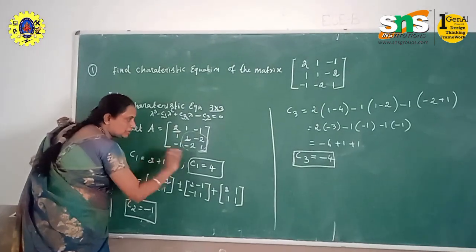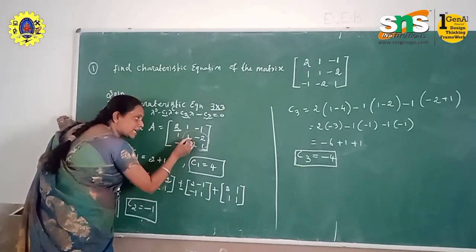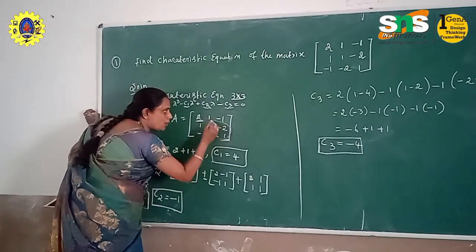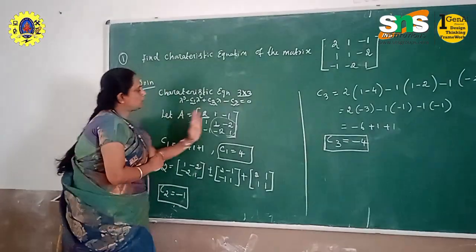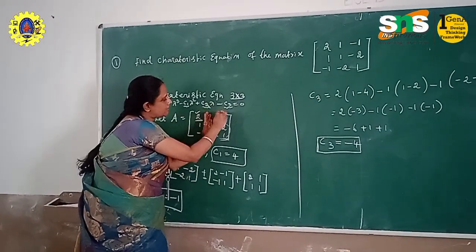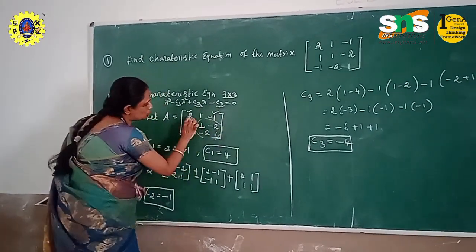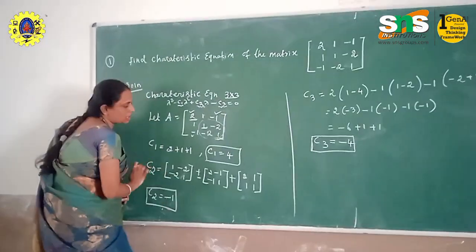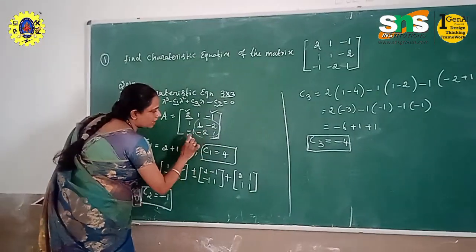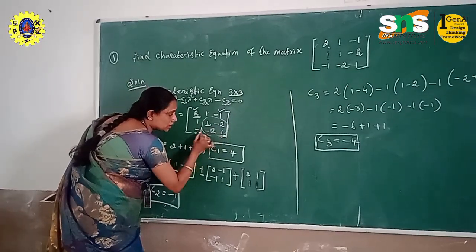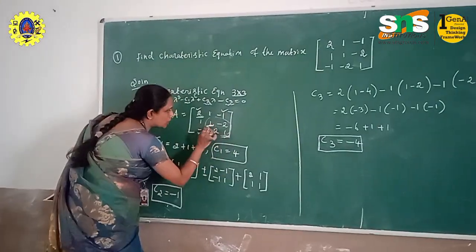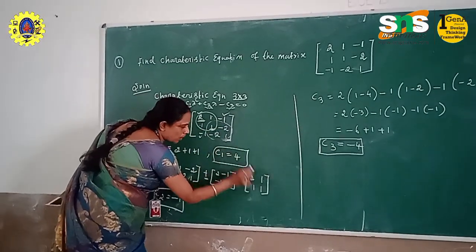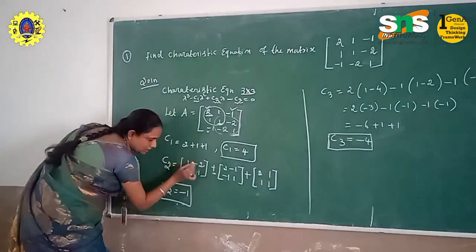Next we leave the second row and second column: 2 minus 1, minus 1 1, plus. Again we leave the third row and third column: the elements are 2 1, 1 1.